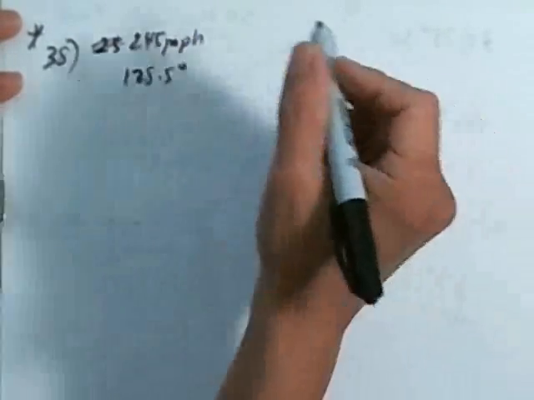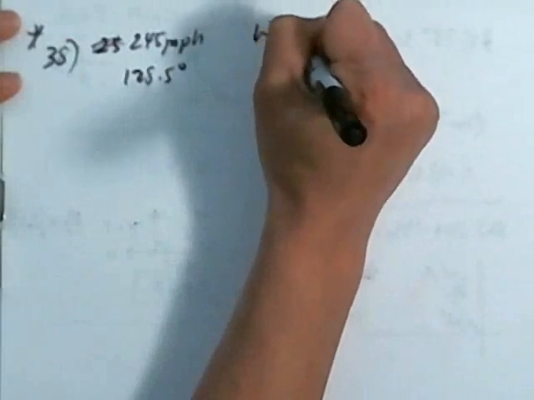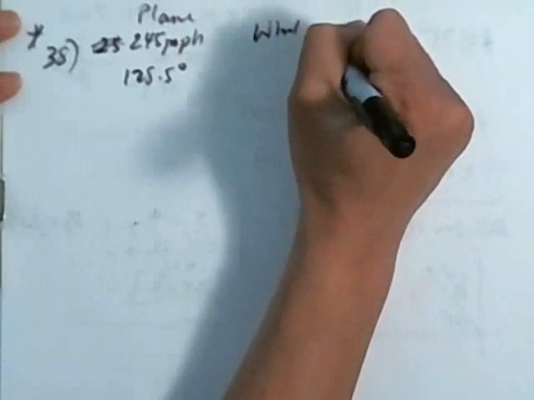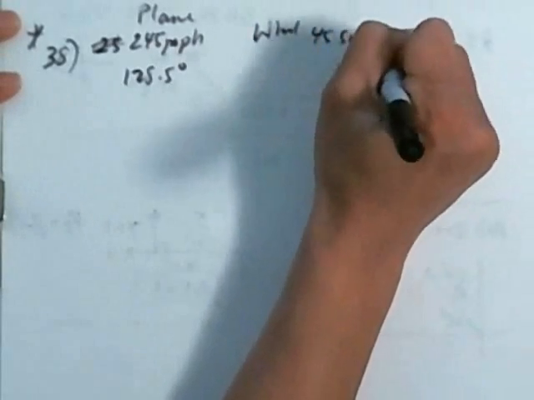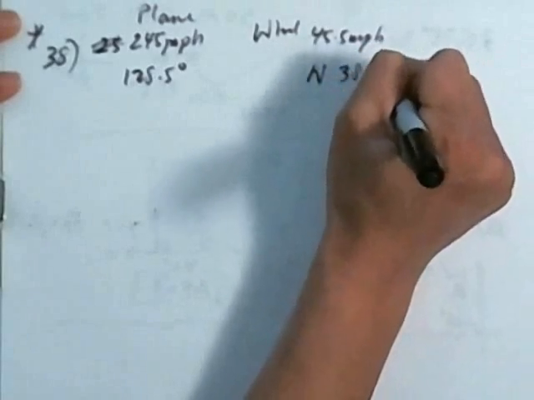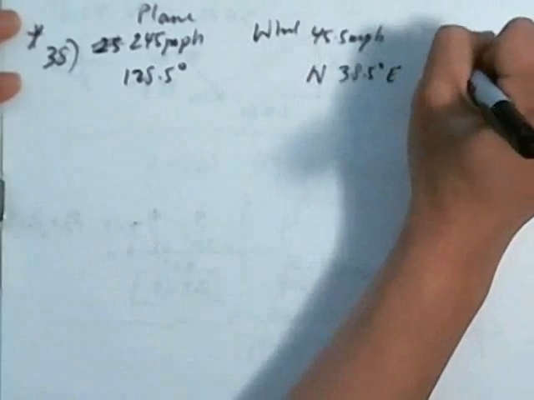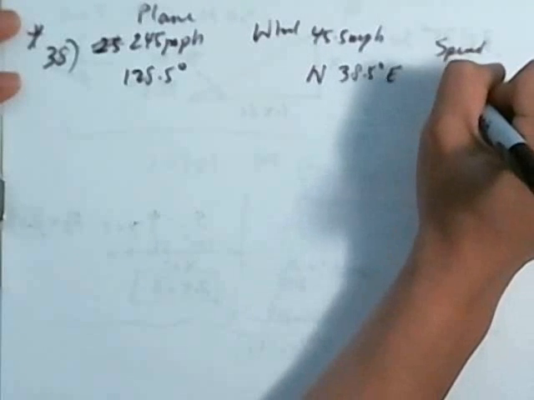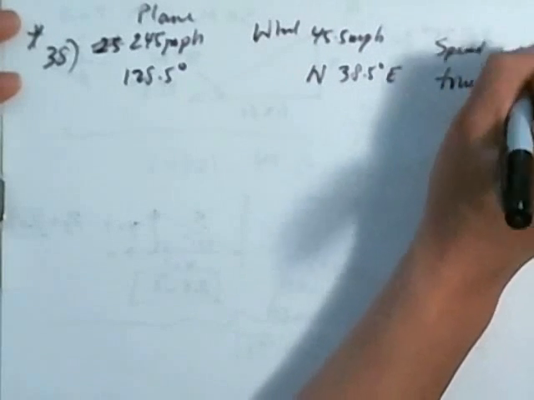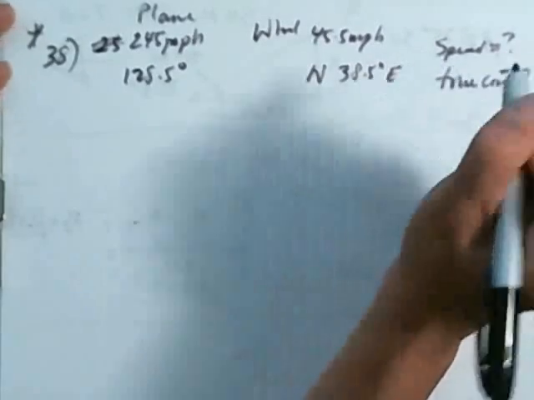The wind is blowing at a constant 45.5 miles per hour, and it's north 38.5 degrees east. Find the ground speed and the true course. These are what we're looking for.